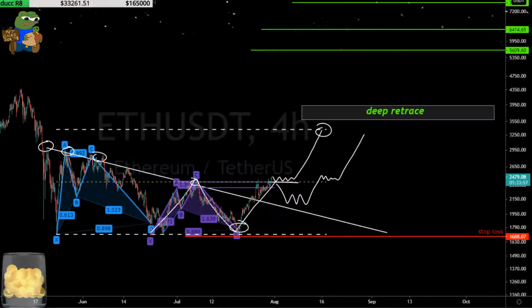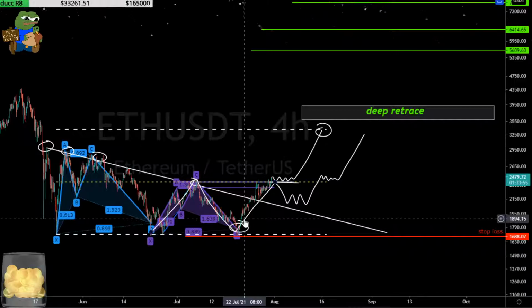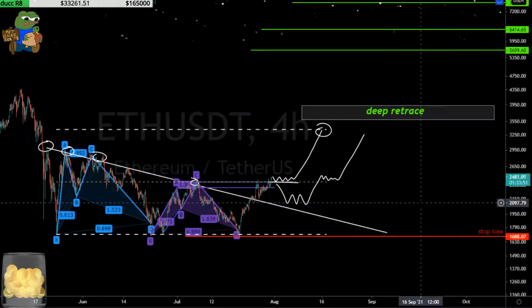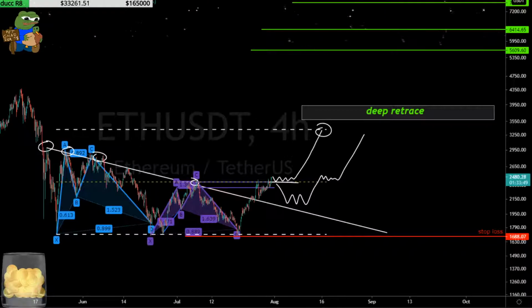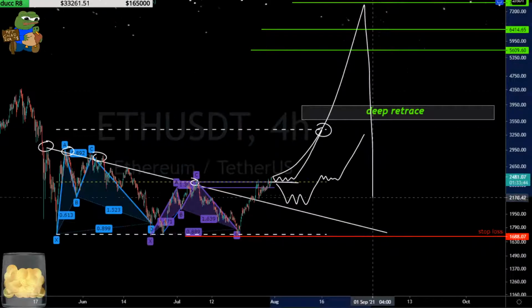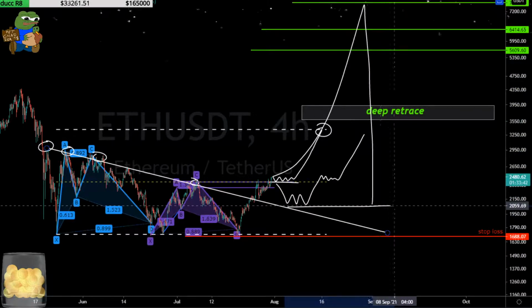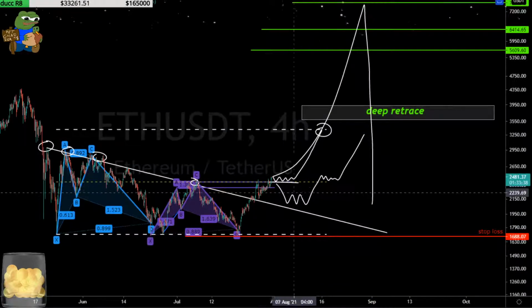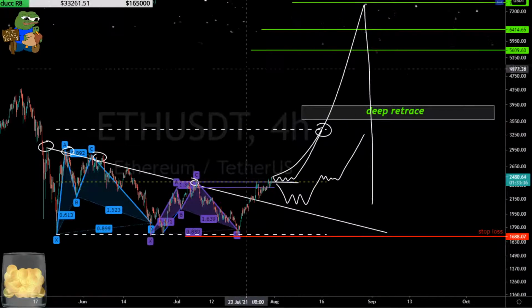Just trying to say you can't just go straight up forever. It's not healthy. If you do want to play that game, and you just want to run from here all the way up, you're gonna nuke all the way back down to this point anyways. So I don't know how you want to do it.